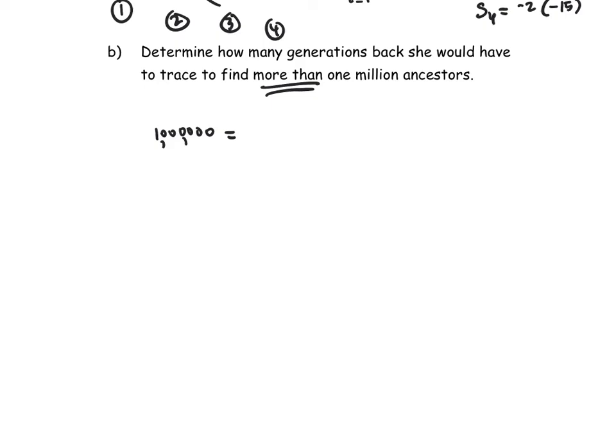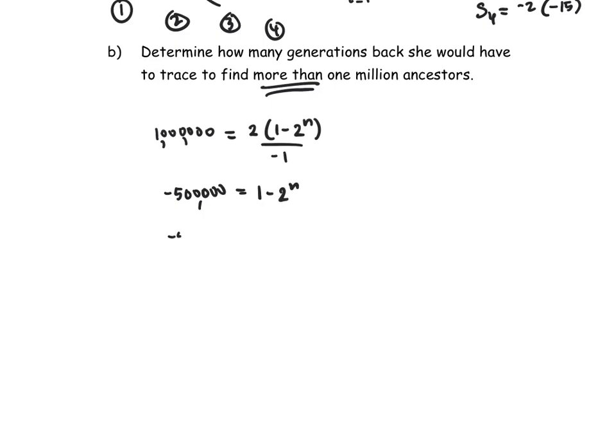So I'm going to take a, which is 2, times 1 minus r to the nth, which I don't know yet, over 1 minus r. Okay, 1 minus r is 1 minus 2, which ends up being negative 1. Okay, so I'm going to multiply both sides by negative 1, divide by 2. So it looks like I get negative 500,000 is equal to 1 minus 2 to the nth.